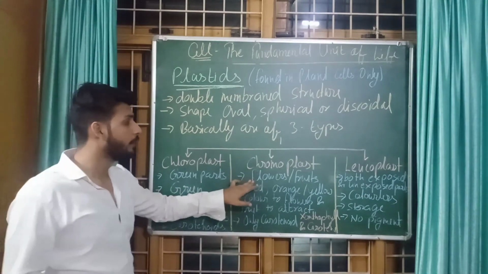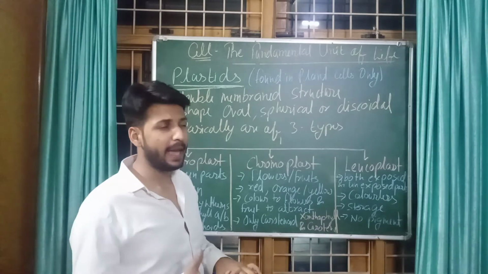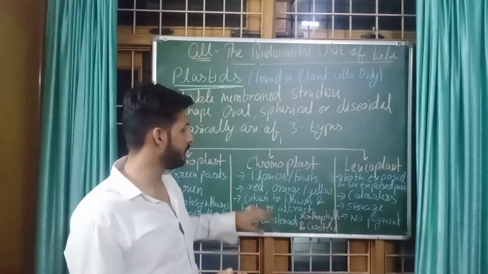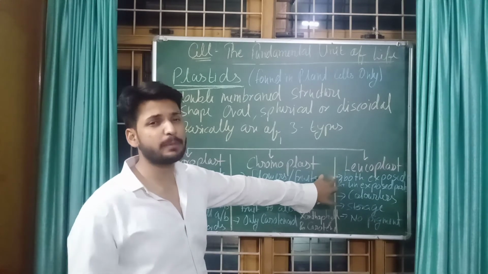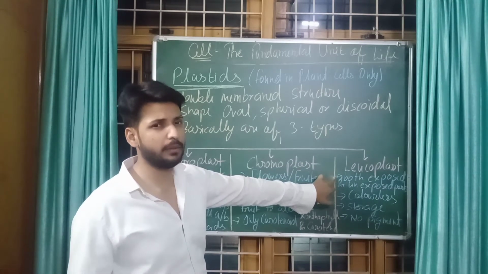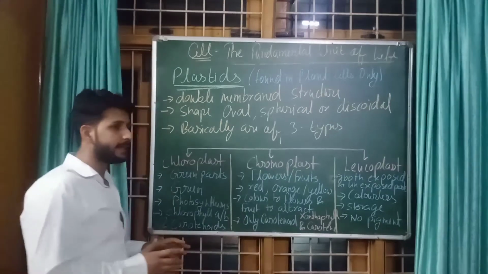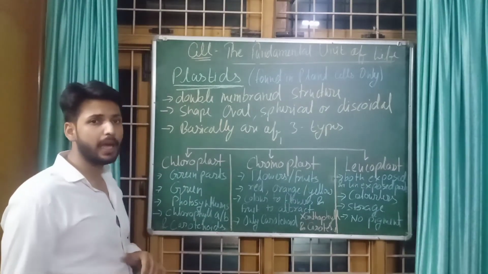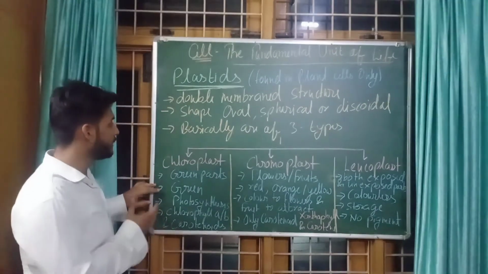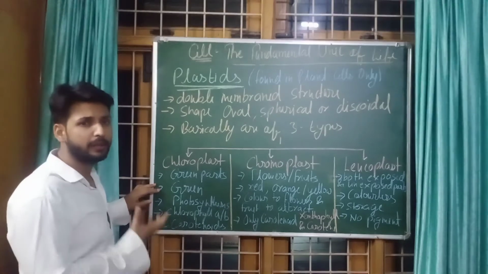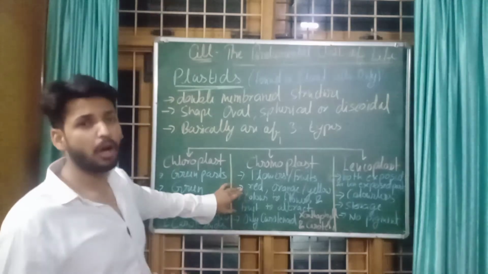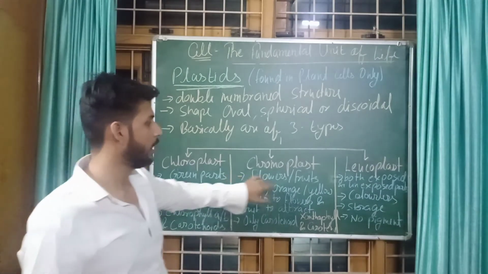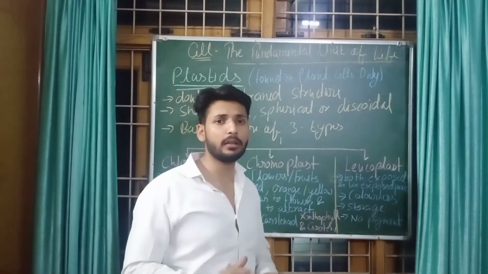Chromoplasts occur in flowers or fruits, where they provide the color, which we will study in the next point. Leucoplasts occur in both exposed and unexposed parts of the plant. Next is what color they have. Generally, chloroplasts are green in color, chromoplasts are red, orange or yellow, and leucoplasts are colorless.